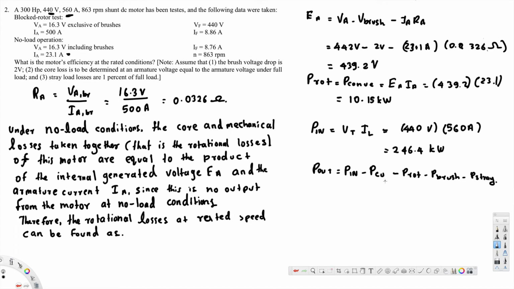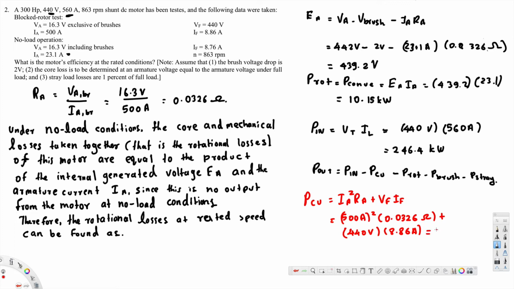Now here we don't know the PCU, we have to calculate the PCU. To calculate the PCU, this is the formula. PCU is equal to IA square times RA plus VF times IF. IA is 500, so 500 ampere square, times 0.0326 ohm, plus 440 voltage times 8.86 ampere, and that's equivalent to 12.05 kilowatts.